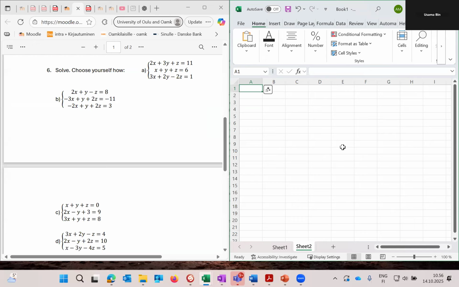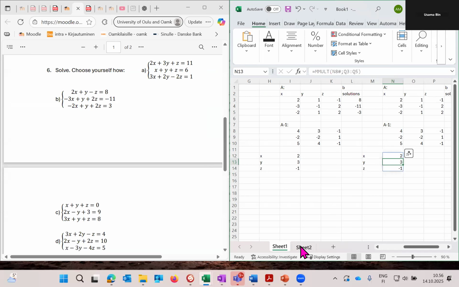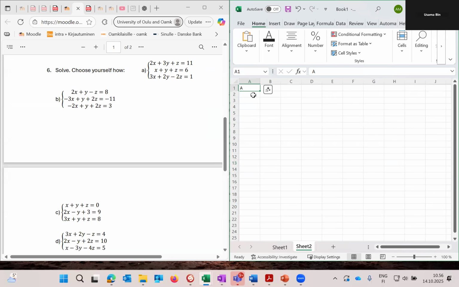It was A. Matrix A. Yeah. And then I know that is X, Y, and Z. And then it was the B. That was the solutions. And here I put the numbers.